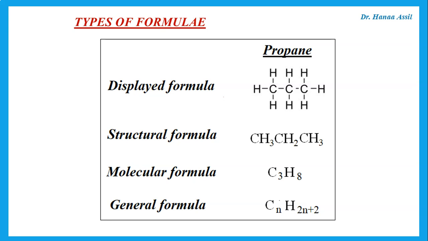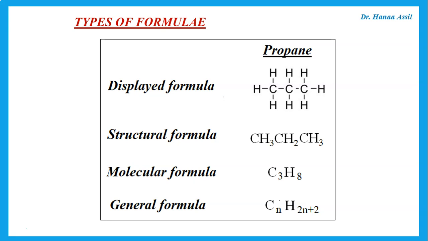The carbon on the right has 3, so that is CH3. That's how you write structural formula. What if he's asking for molecular? Molecular formula means total number of carbons, total number of hydrogens. So this is C3H8. If we're asked for general formula, then the general formula is the one that has n.